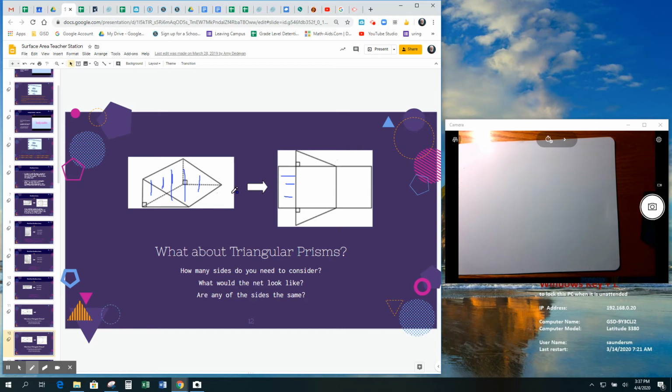I do 4 lines on him. So 1, 2, 3, 4. And then we have this bottom face, which just has kind of a squiggle on it, and the 2 triangles. Okay, so that's what the net would look like.